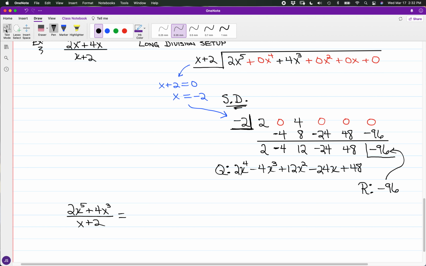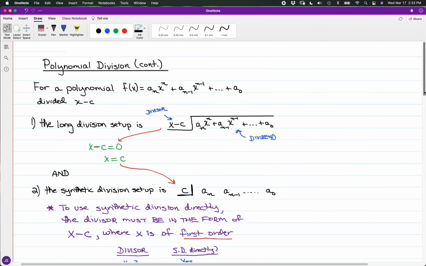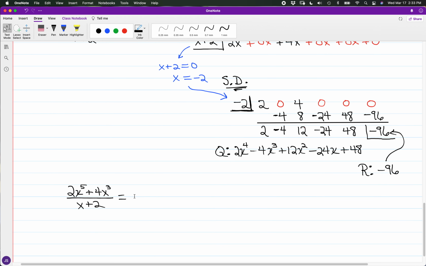So we have the quotient, this set of terms, and for the remainder, we have plus negative 96 all over the divisor, which is x plus 2.